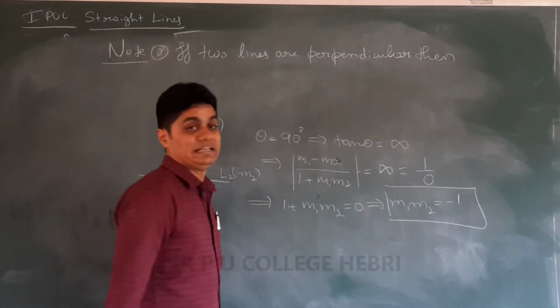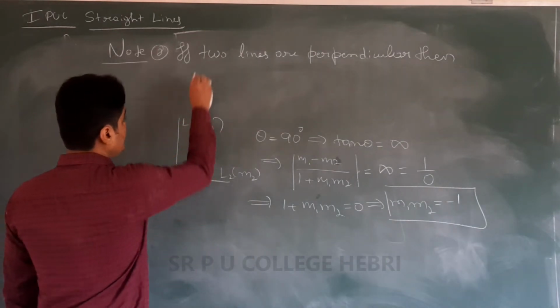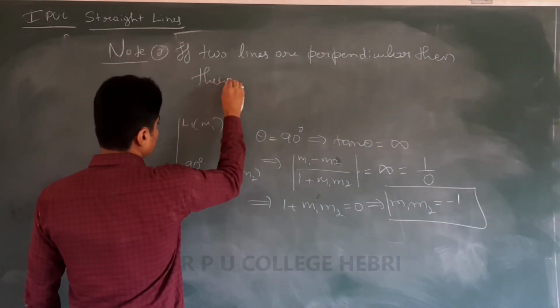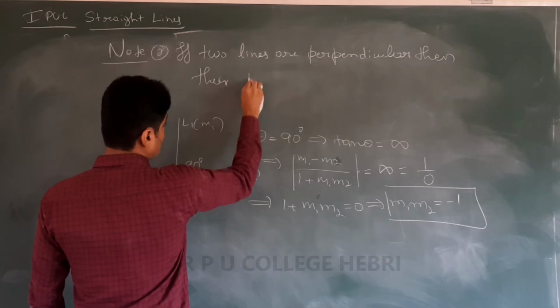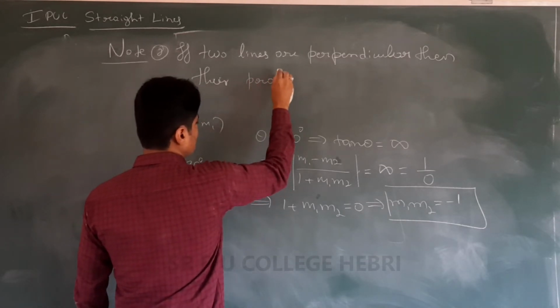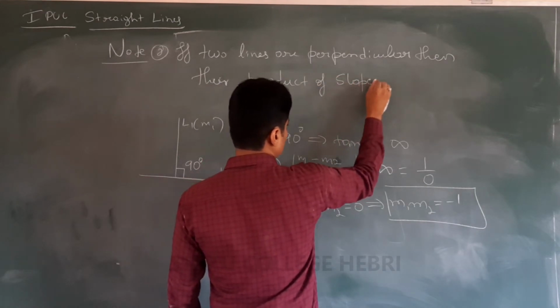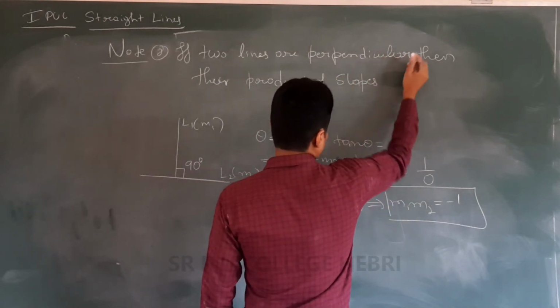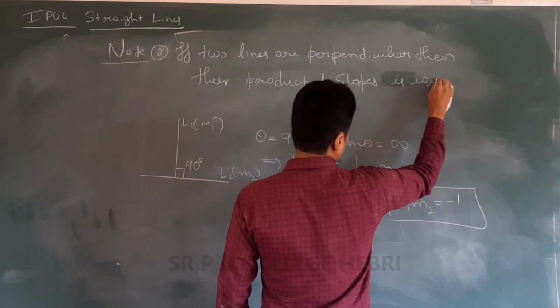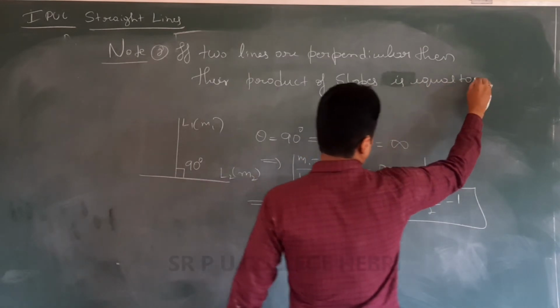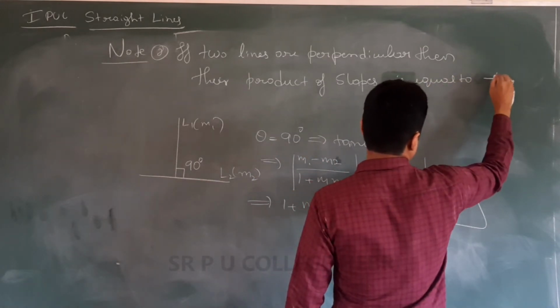So if two lines are perpendicular, then their product of slopes is equal to minus 1.